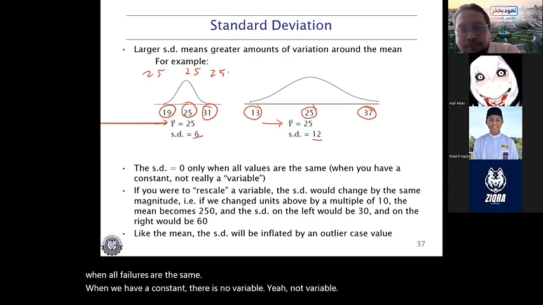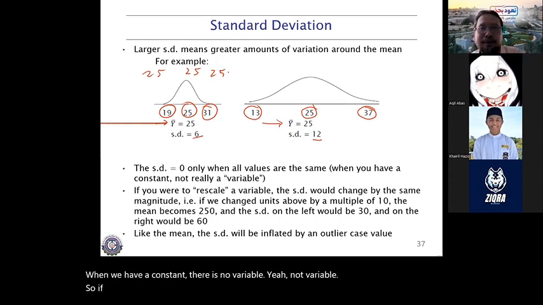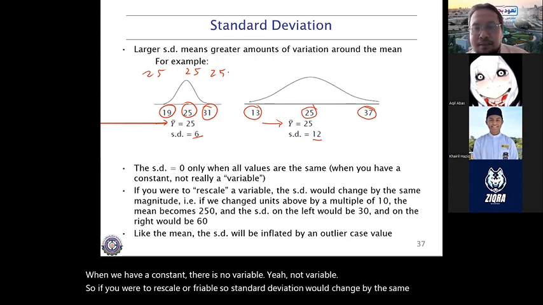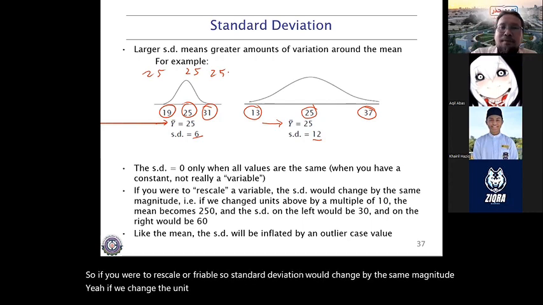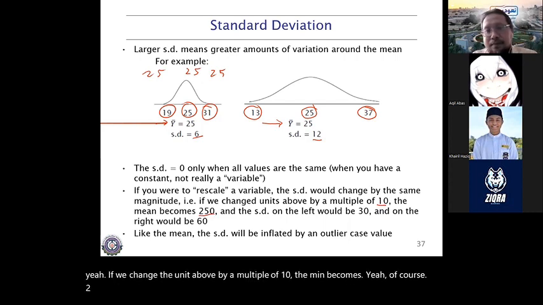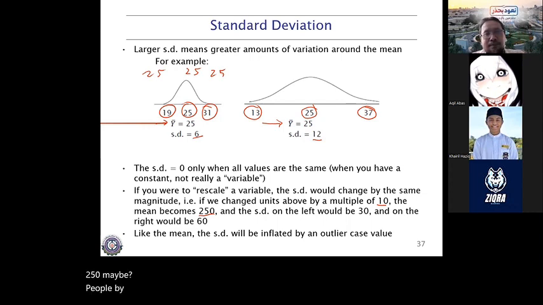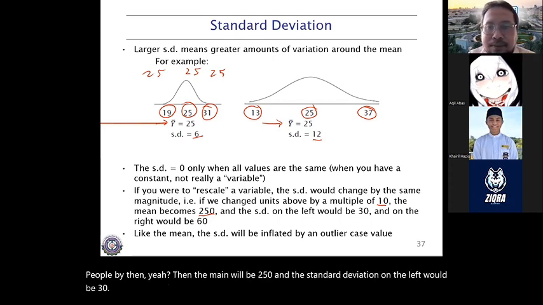If you rescale a variable, the standard deviation changes by the same magnitude. If we change the unit by a multiple of 10, the mean becomes 250, and the standard deviation on the left would be 30, on the right would be 60.